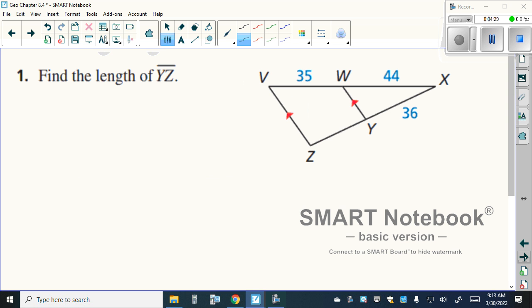All right. So this one here, we want to find the length of ZY. Again, we have a triangle with two parallel lines, and we want to find the length of YZ. How would we set this up?